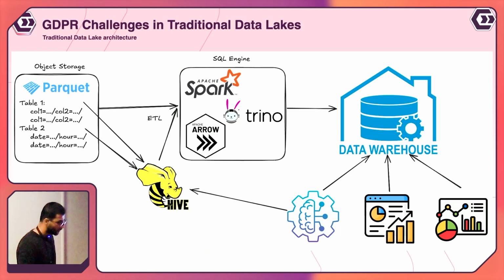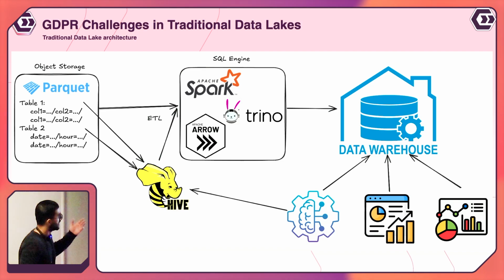First, let's define what we mean by a traditional data lake. A traditional data lake is a data platform architecture that uses storage services such as object storage or HDFS to store raw data. This data is typically partitioned in tables using Hive-style format and stored in a columnar format like Apache Parquet.